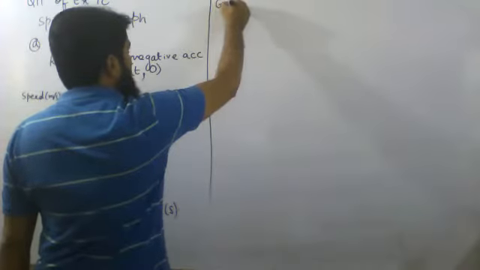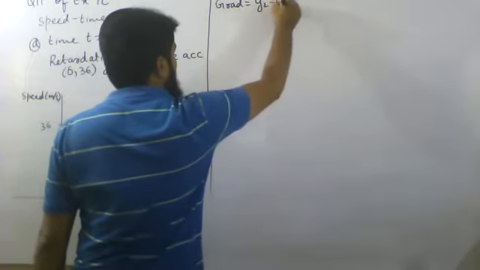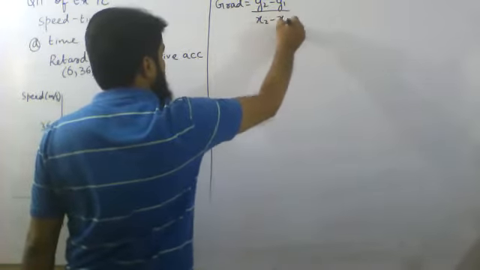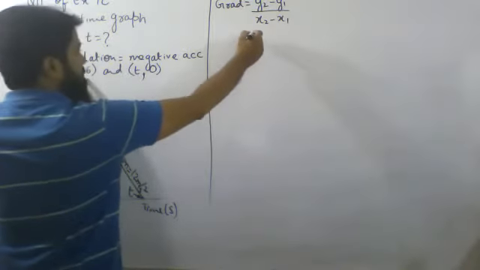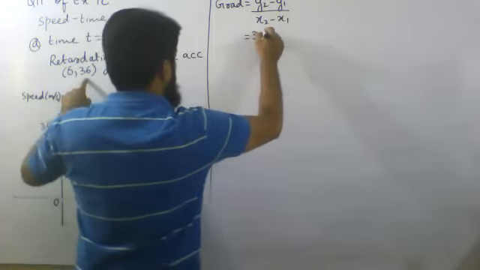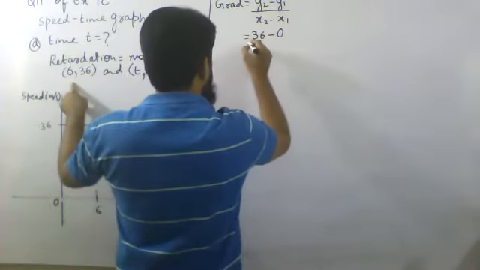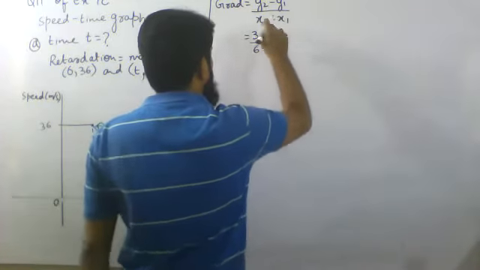Gradient is y2 minus y1 upon x2 minus x1. y2 is 36 minus 0, x2 is 6 minus t.